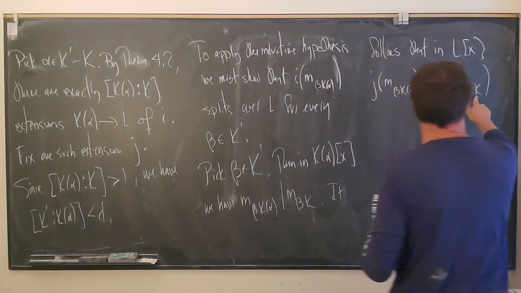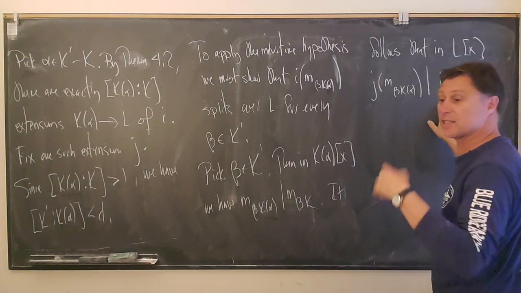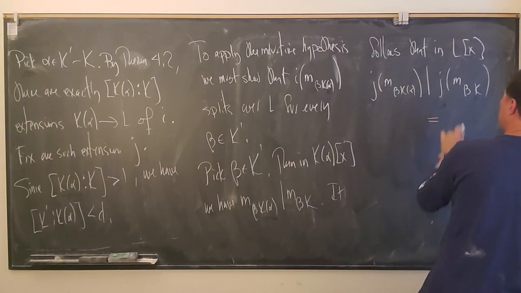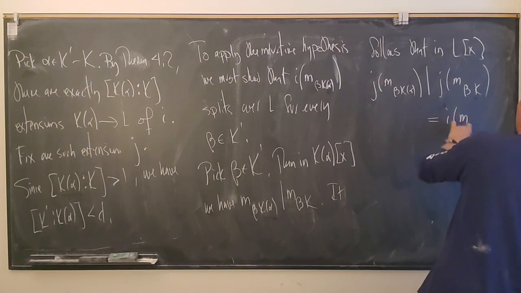But now since we're using coefficients in k and j is an extension of I, this is exactly equal to I of m beta k.